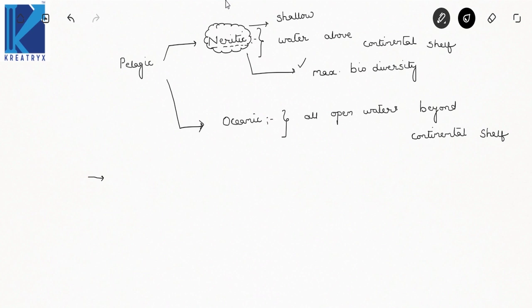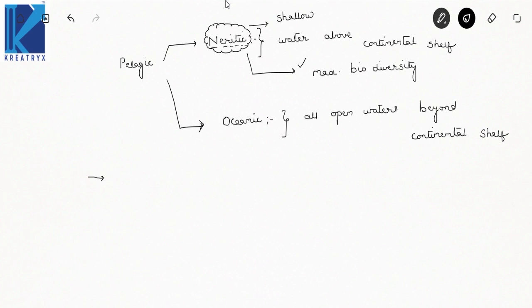Now, the high nutrient levels of neritic province resulting from dissolved materials in riverine runoff distinguish this province from the oceanic province, right?